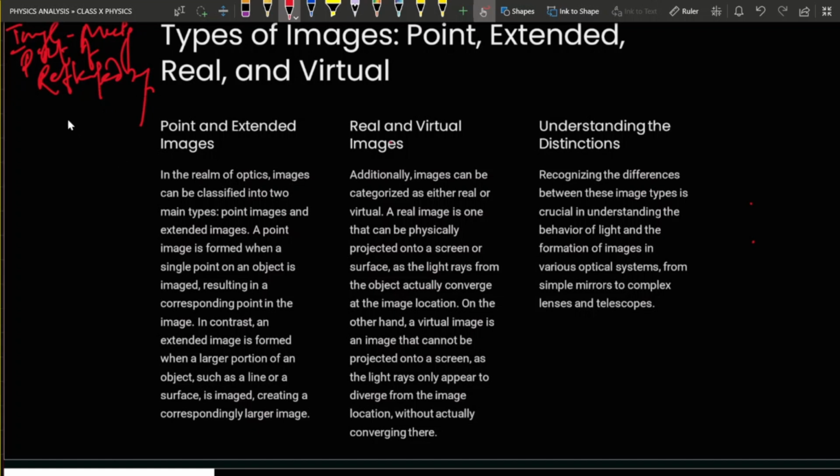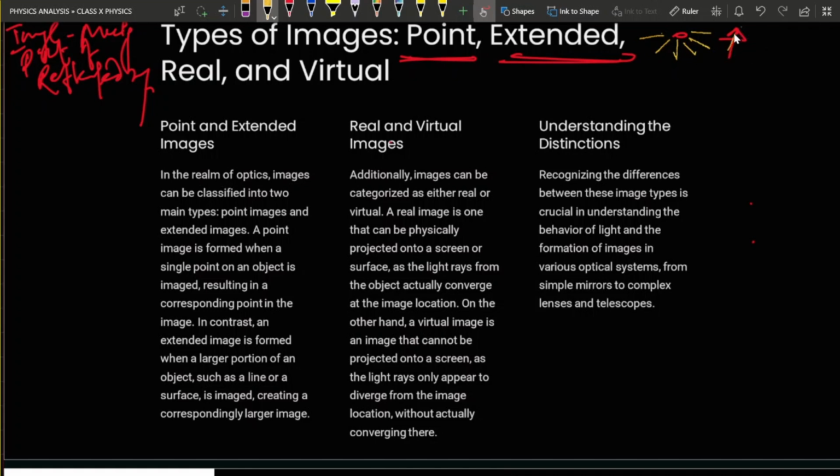Now let's talk about the types of image. We discussed point size image and extended size image. This is the point size image, and this is the extended size image, with some height. From a point size object, light is coming out in all possible directions, right?